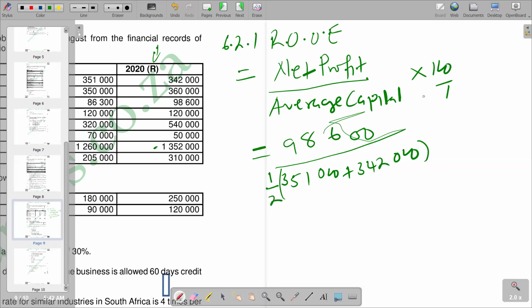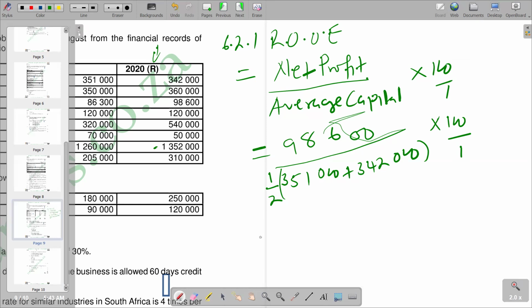Then obviously, here we are going to multiply by 100 over 1. So we calculate it like that to see the figure that we are going to get by saying 351,000 plus 342,000 divided by 2, you're going to get 346,500.